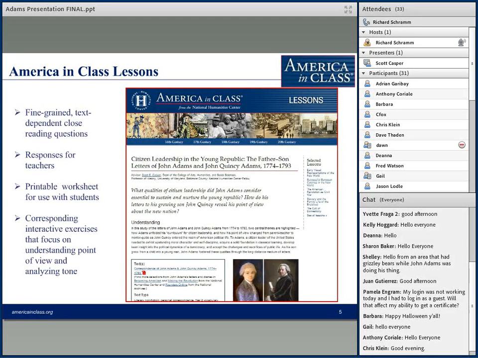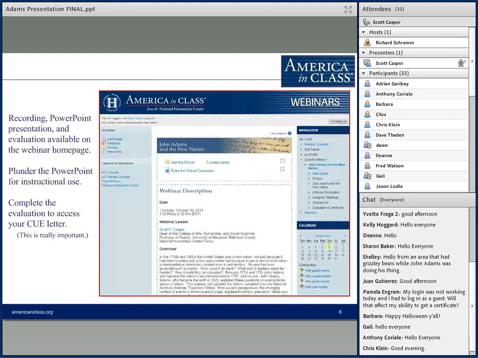You'll find a printable worksheet for use with students, but you'll also find interactive exercises which provide you with a new and innovative way to study complex texts. Please take a look at that along with our other lessons. We are really developing several more interactive lessons, and I think when you see them, you'll discover an innovative way to teach primary documents.